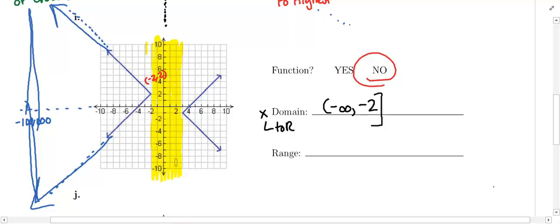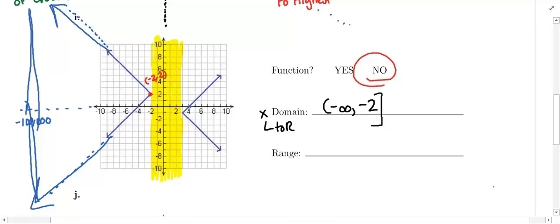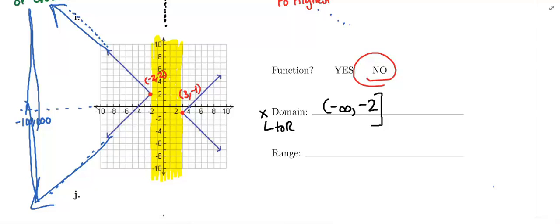Let me erase this one little spot that I didn't mean to highlight. So the graph leaves off right here at negative 2, 2. It doesn't pick up again until right here, and that point is 3, negative 1. So you have this gap that I've highlighted in yellow over which you have no graph.